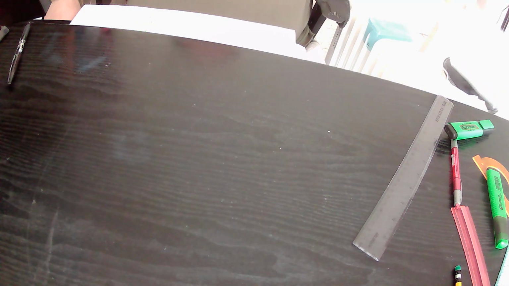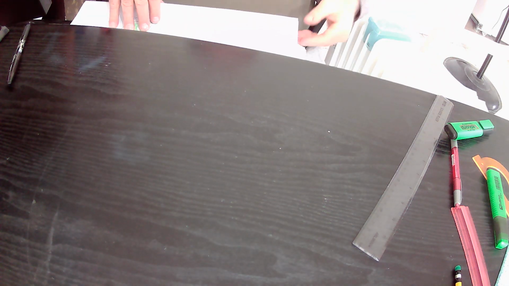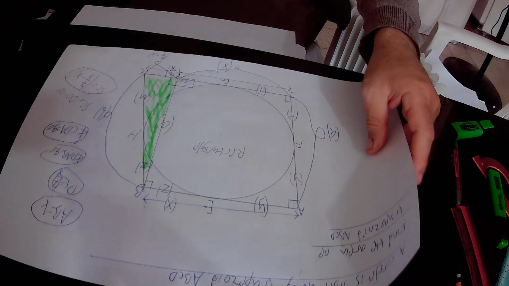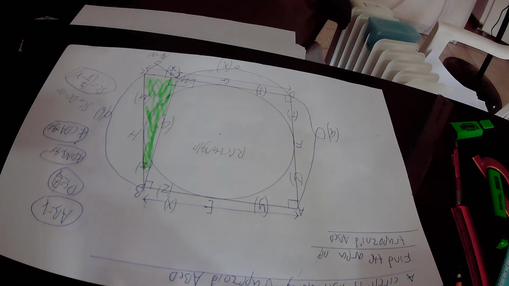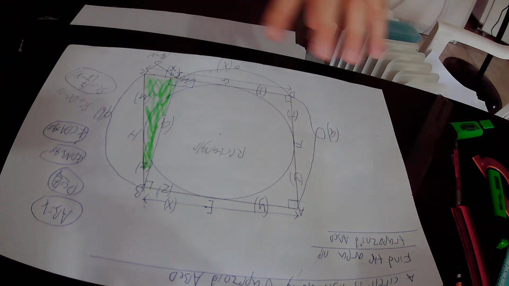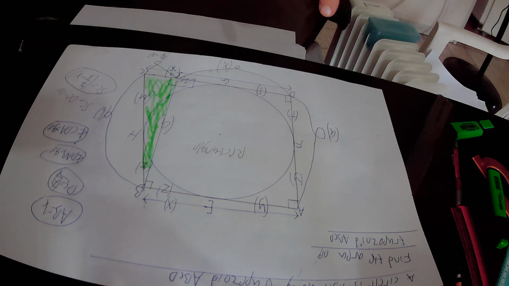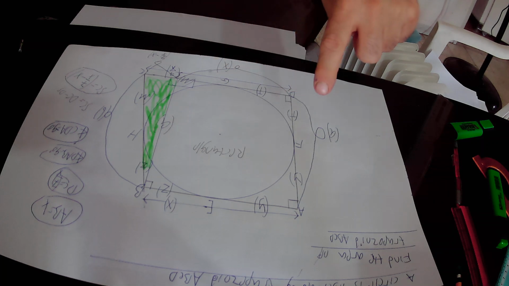Okay, so first of all, we defined the points of tangency of trapezoid ABCD with this circle with letters.